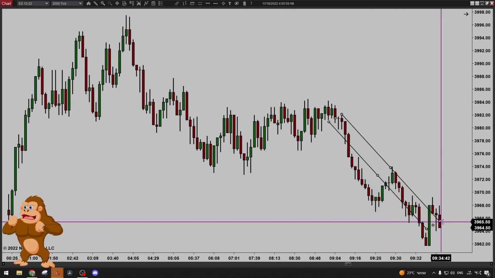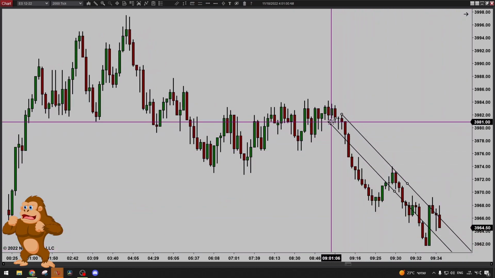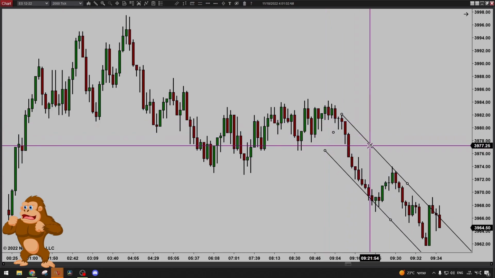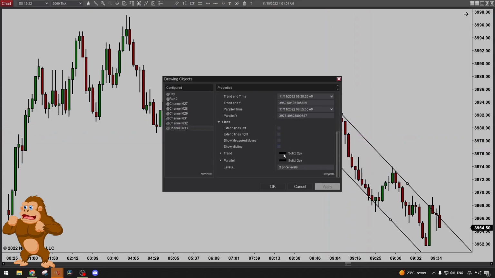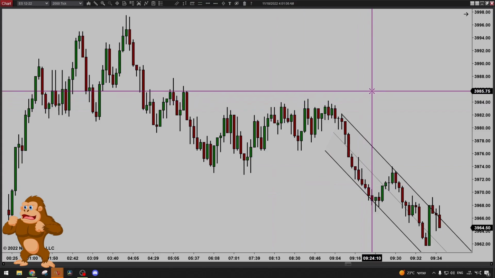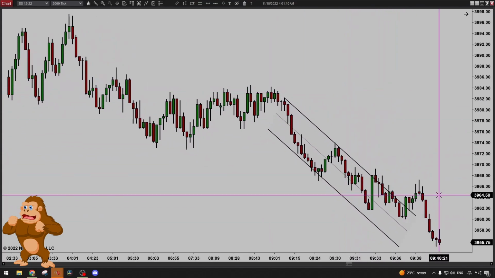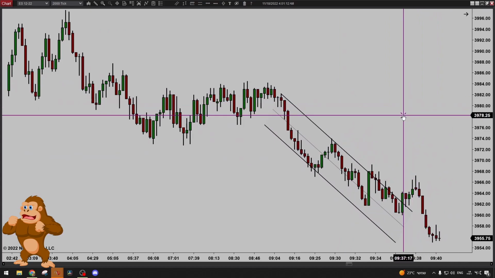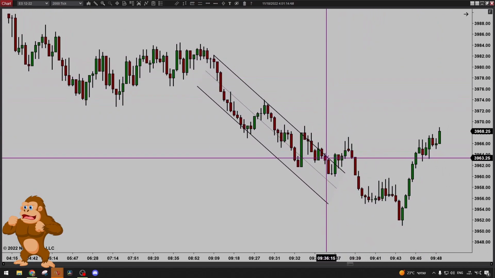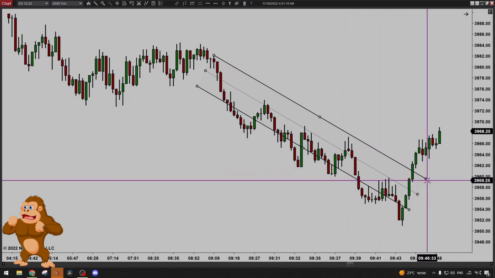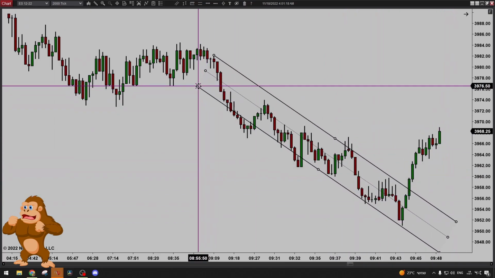Maybe we are facing a bigger channel now. Midline. Fits? Yeah, it does. Break, new low. Can we adjust the channel? Let's check.